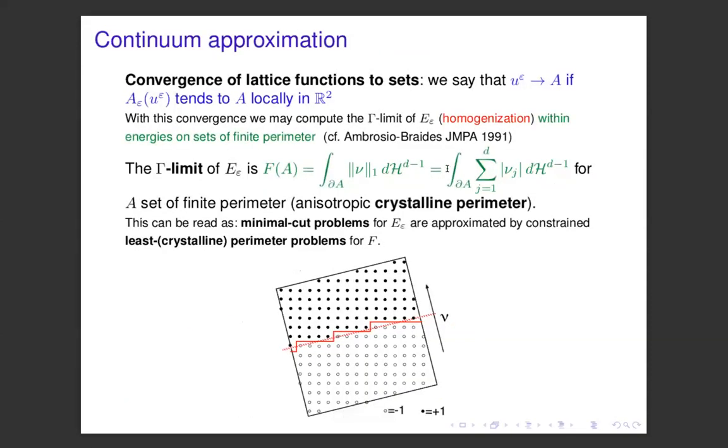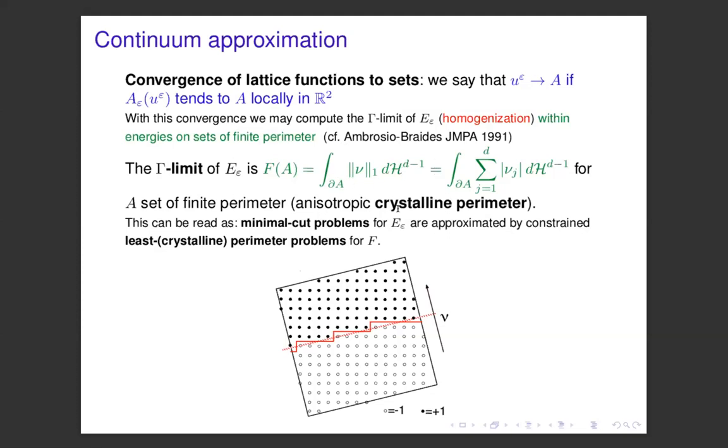And so we can embed our functions into sets of finite perimeter, and we can say that our spin function tends to a set A if the corresponding set of finite perimeter tends to A, and use the machinery that was first developed by myself and Ambrosio a long time ago, to describe the limit as an integral on the boundary of the set.